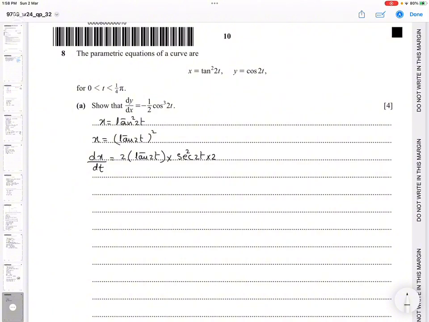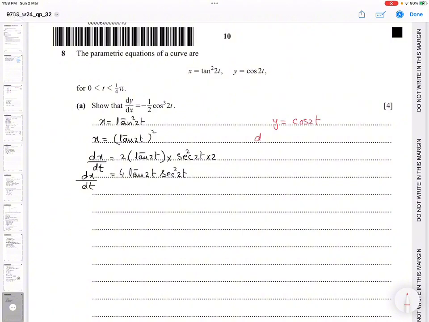So multiply in the sequence. So you get 4, 2 times 2 is 4, tan 2t secant square 2t. This is your dx over dt. Now work with y is equal to cos of 2t.